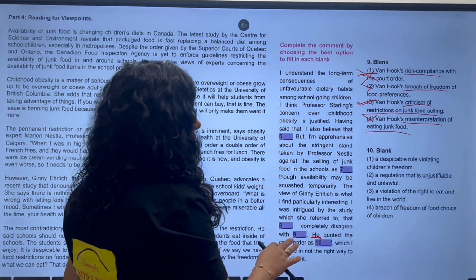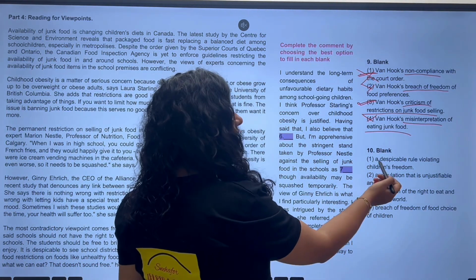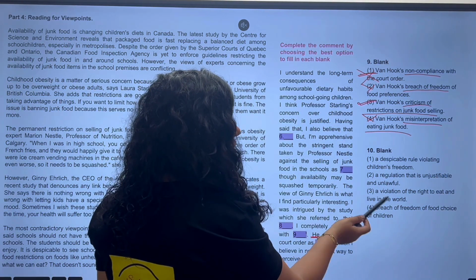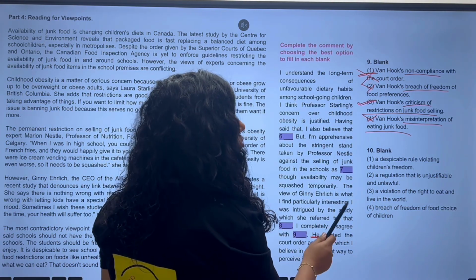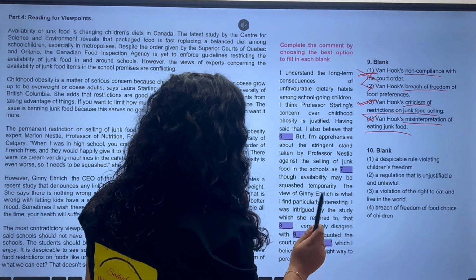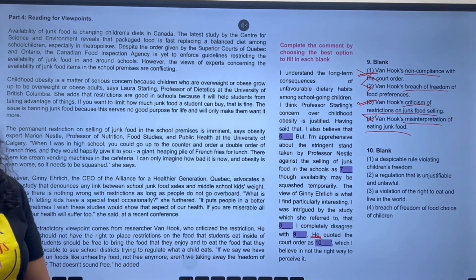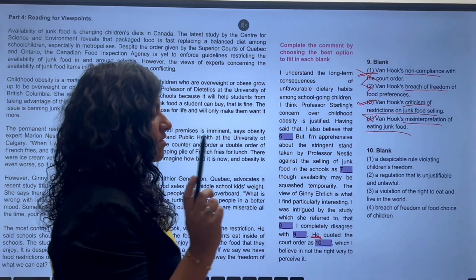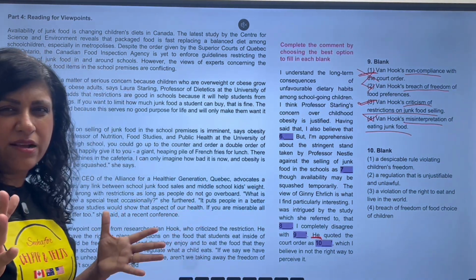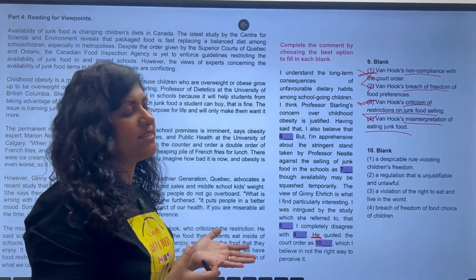So he sees the court order as a despicable rule violating children's freedom, a regulation that is unjustifiable and unlawful, a violation of the right to eat and live in the world, a breach of freedom of food choice of children. Now again, the options are somewhat confusing, but we have to eliminate those that are kind of vague, that are not related to what he said.